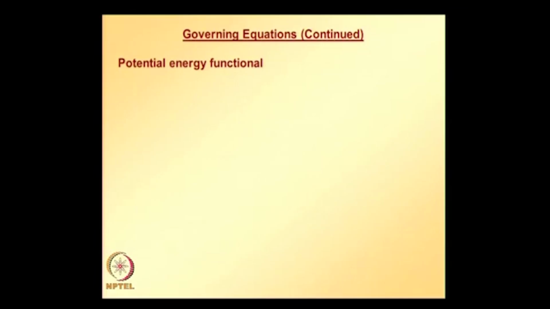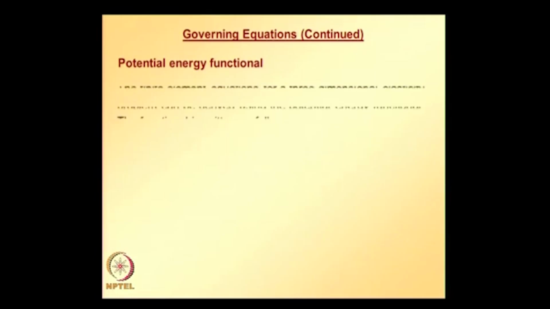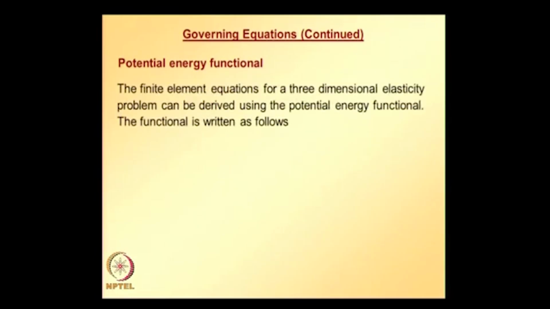To derive finite element equations, we require potential energy functional. The finite element equations for 3-dimensional elastic problems can be derived using potential energy functional. This potential energy functional can be written as follows.